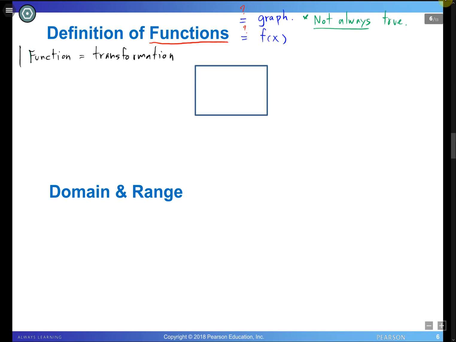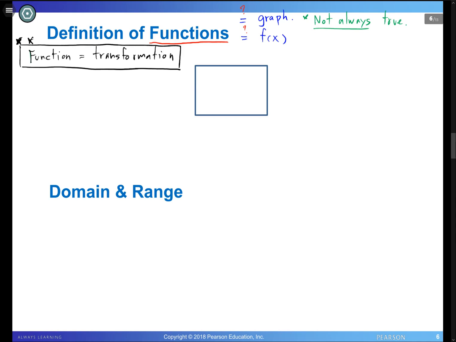Okay, let's put a box with some stars. Very important. Transformation is about changing something into something else. Changing A to B, changing C to D. Alright, so function is about changing something into something else.